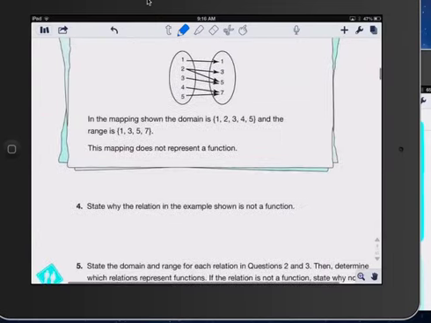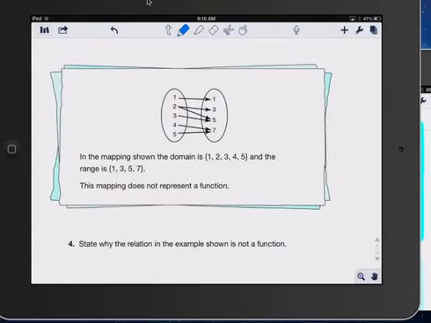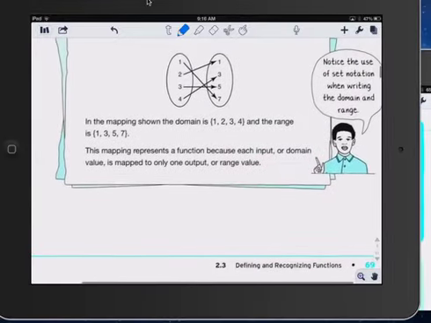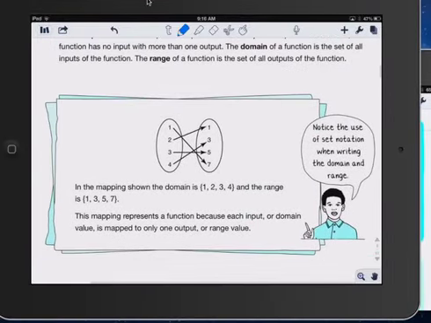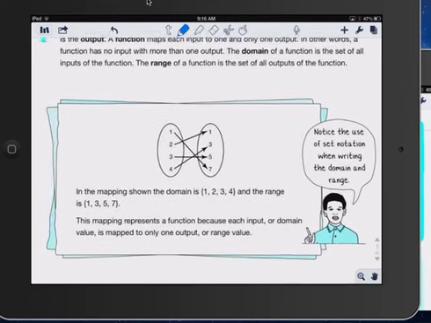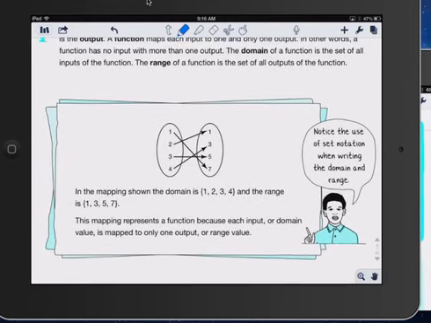Domain. I need you to understand the word domain and range. Okay. Domain definition. I want you to read the definition in your group.